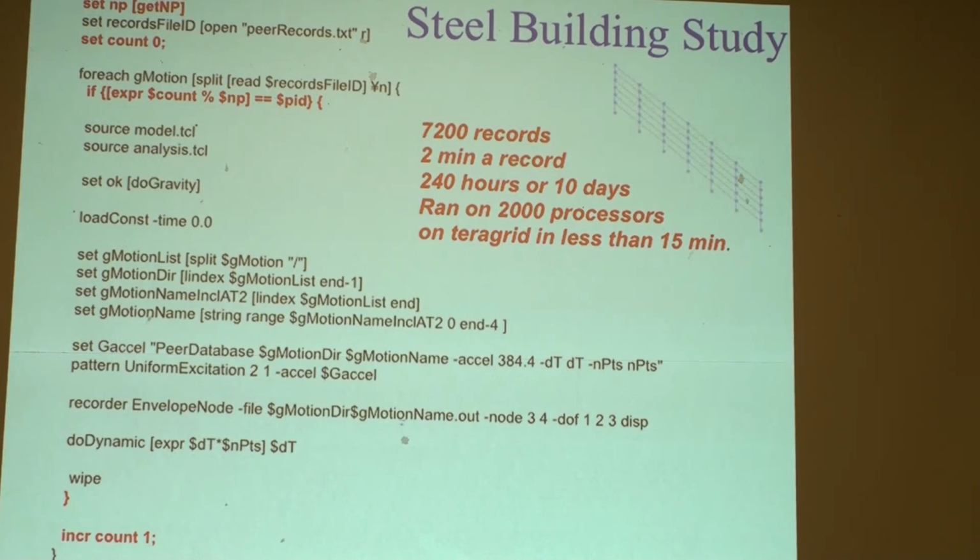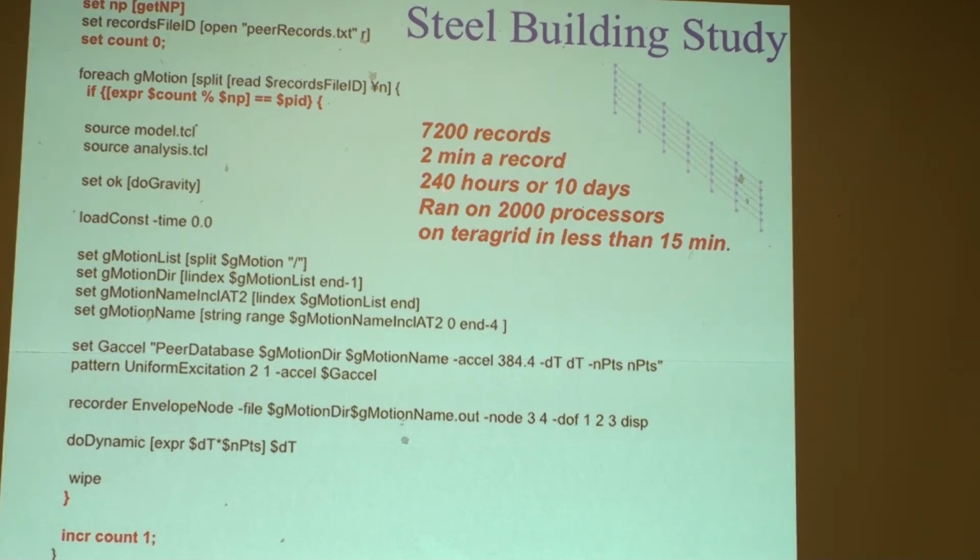Each processor does one unique analysis based on this variable count, modulo NP. That's going to return an integer number from 0 through n minus 1. If that equals the process ID for that processor, it does the computation. Otherwise, it doesn't do it and jumps out. Then down at the bottom, you just have to increment count by 1. If you don't increment count by 1, only one job will get done.